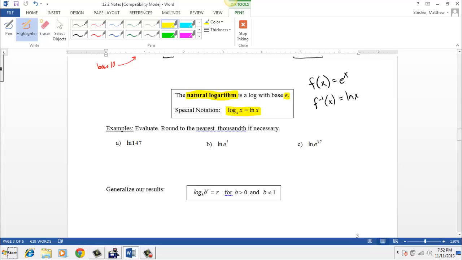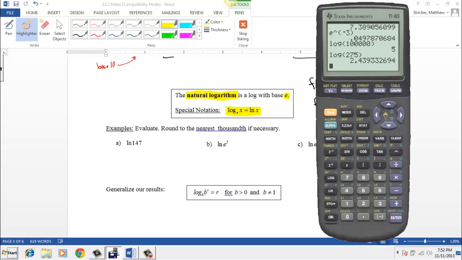And so we could evaluate the three examples here down below. We could take the ln, and we can use our calculator to help us with this. Notice right by the log button is the ln button.